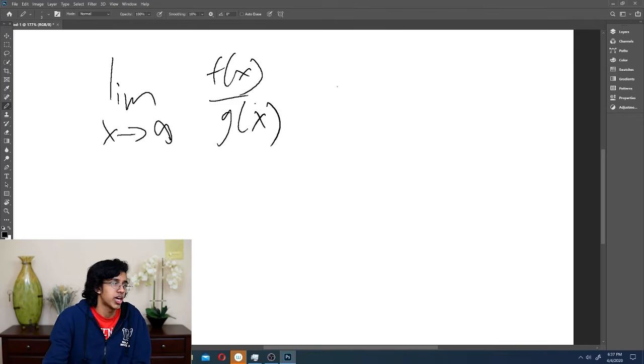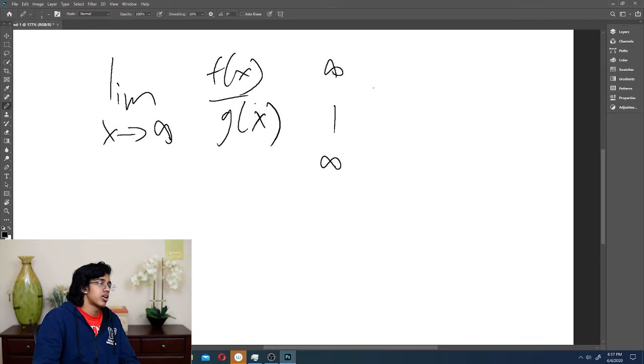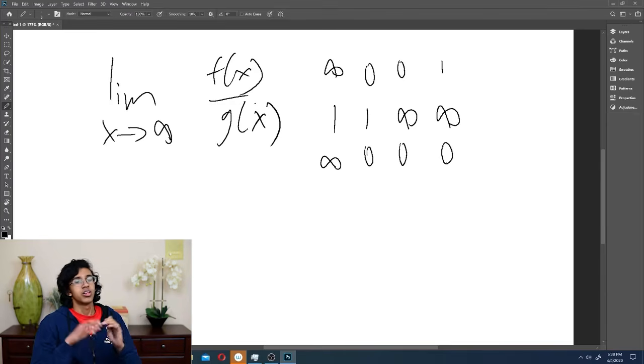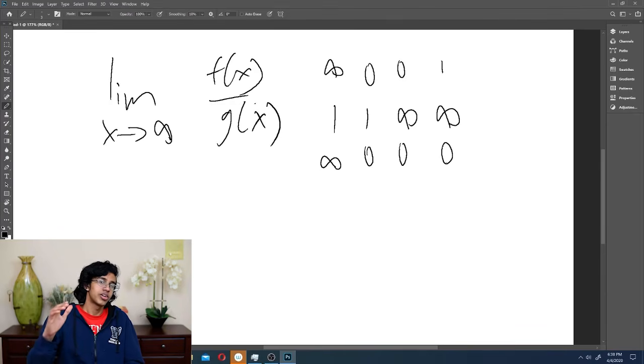So the cases: infinity over 1, where 1 just means finite, is going to be equal to infinity. If you got 0 and you got 1, then this is also going to be equal to 0. If this is 0 and infinity, also going to be 0. If it's 1 and infinity in the denominator, then it's going to be 0 as well, because if you have a finite number divided by a really big number, it's going to be 0.